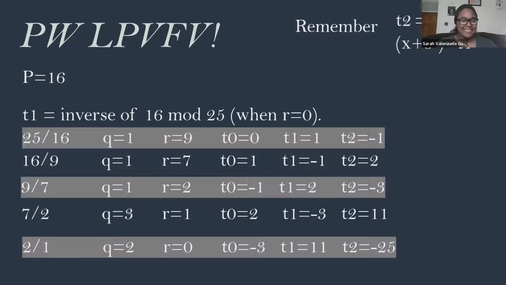Then, as here, we have that the remainder is equal to 0. So the value of T1 is our inverse. So we have that T1 is equal to 11. So using this formula, we get 8 is equal to x.